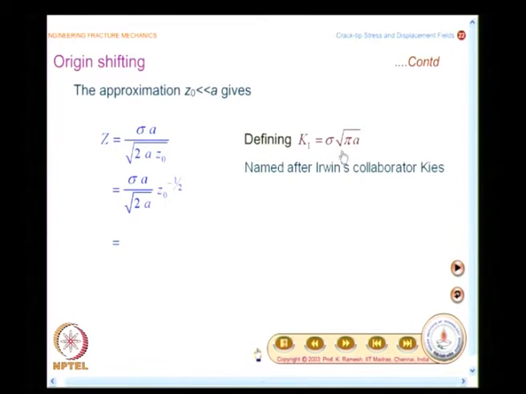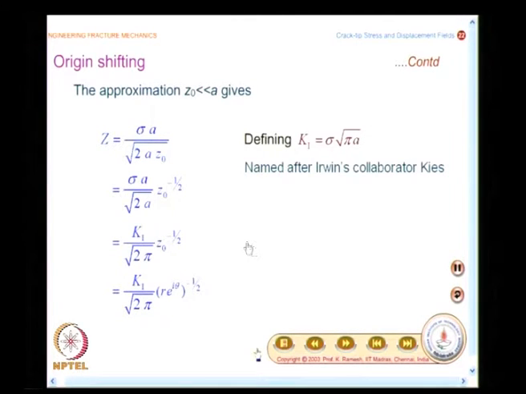So, with this modification, the stress function also can be recast. When you substitute this definition, this will reduce to K1 by root of 2 pi, z naught power minus half, and z naught can be written as r e power i theta. This could be further simplified in terms of cos theta plus i sin theta. That is how we will proceed. Finally, we will get the stress field in terms of r and theta.